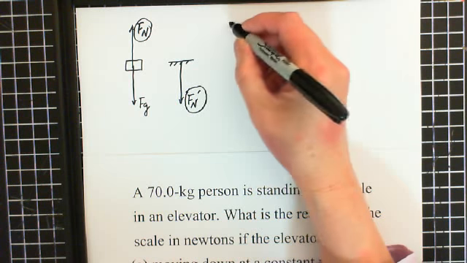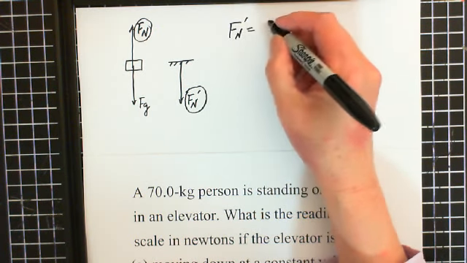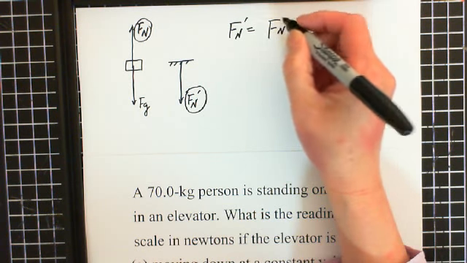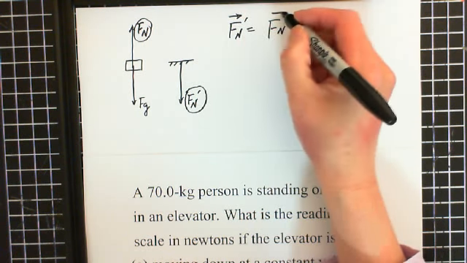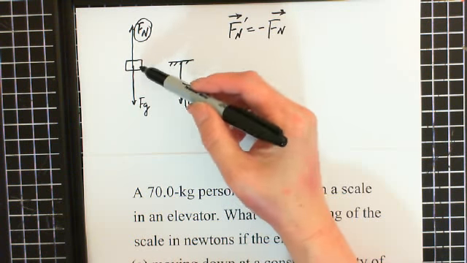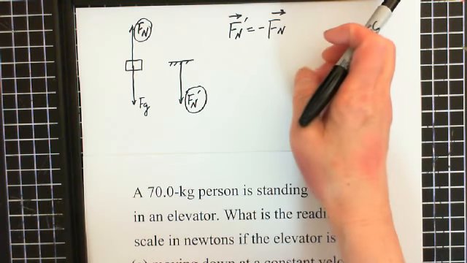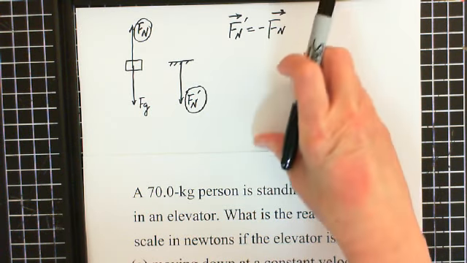These two forces are equal in magnitude and opposite in direction, and they're acting on two different objects. So this is Newton's third law.